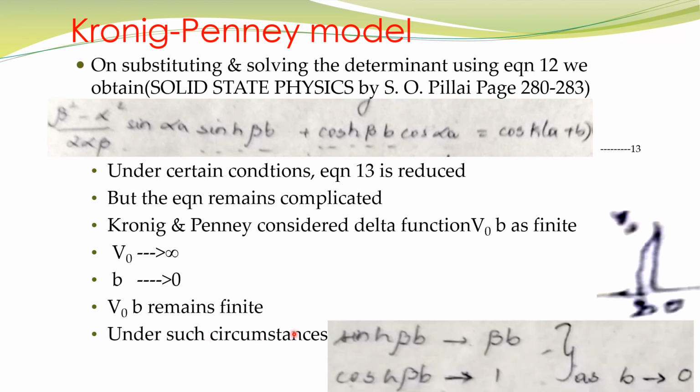Under such conditions, sinh beta b tends to beta b and cosh beta b tends to 1 when b is tending to 0. Therefore, equation 13 becomes beta square minus alpha square upon 2 alpha beta into beta b sin alpha a plus cos alpha a is equal to cos ka.